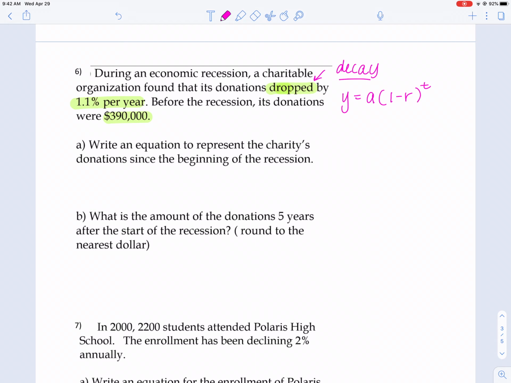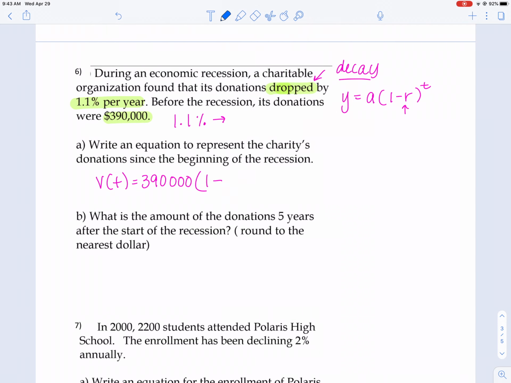But let me just say one other most important thing. Here's what kids are going to do. They're going to write, okay, v of t equals 390,000 times 1 minus, and then for the r, they're going to want to put in 1.1. You can't forget 1.1 is a percent. You must convert that into a decimal.